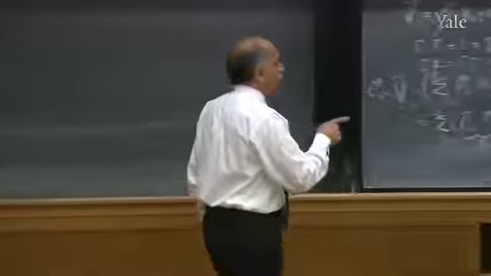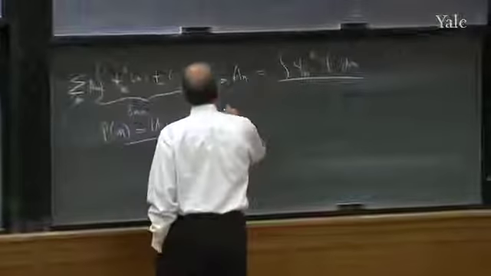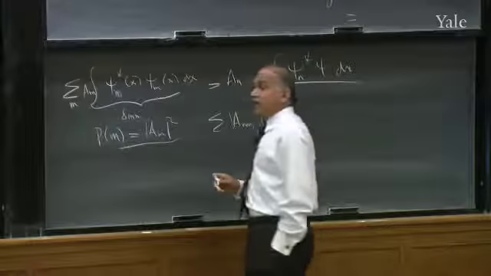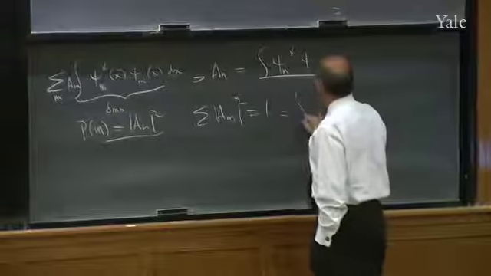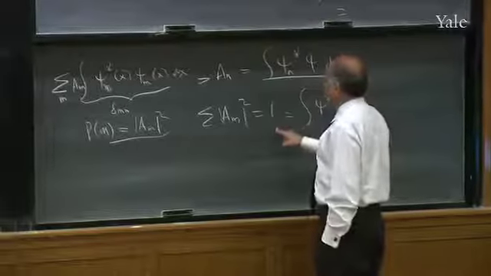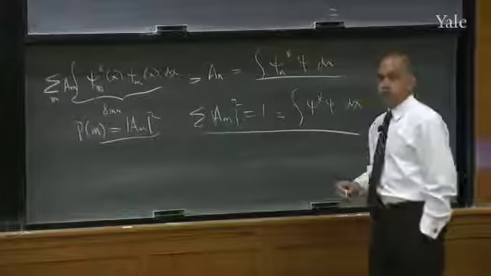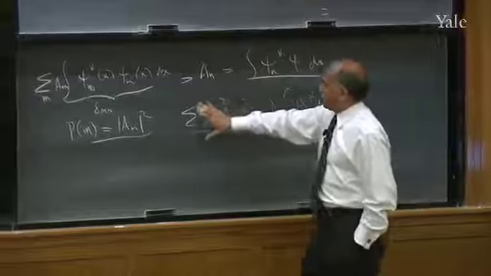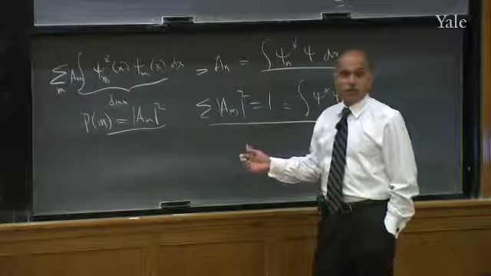By that I mean, if you do this calculation and you then added all these a_m squares, you will find amazingly it adds up to 1. Because you can show mathematically that if psi star psi dx is 1, then the coefficients of expansion squared will also add up to 1. So if you took a normalized psi, then the probabilities you get are absolute probabilities because they will add up to 1. That's also a mathematical result, which I'm not showing.